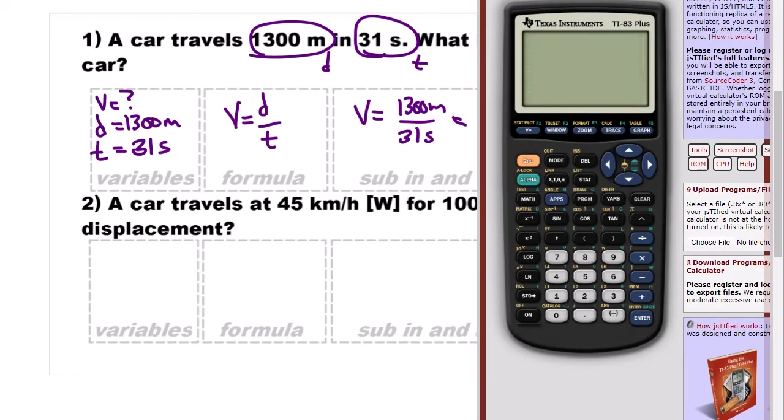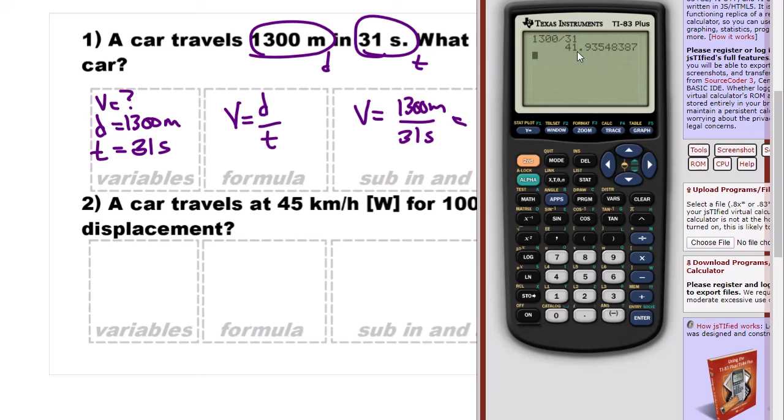I found a super fancy dancy graphing calculator emulator. So we can turn this guy on. Come on. There we go. So 1,300 meters divided by 31 seconds gives me 41.935 meters per second. Now let's look at how many sig digs I get. This number's got 4 sig digs. This number only has 2, so I get to report 2 digits.